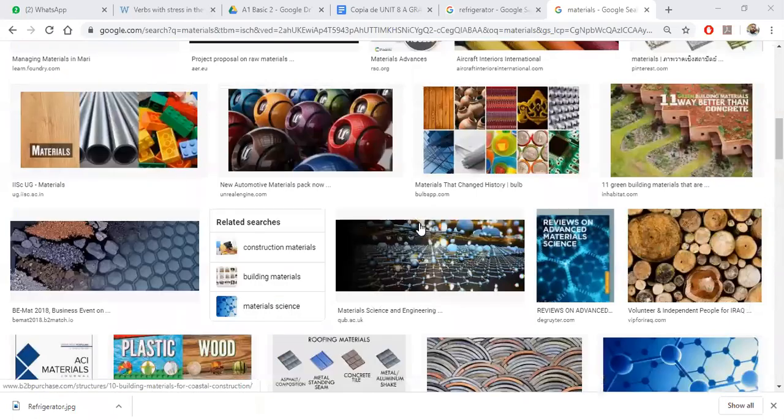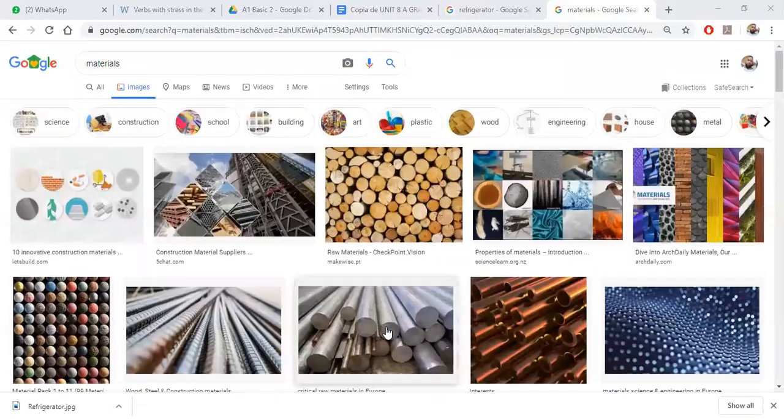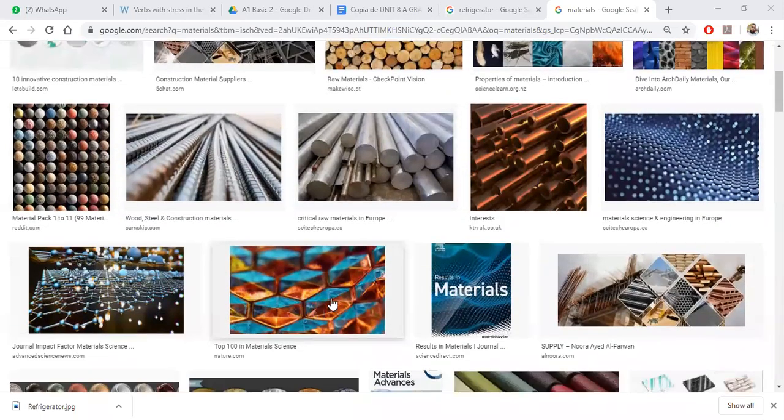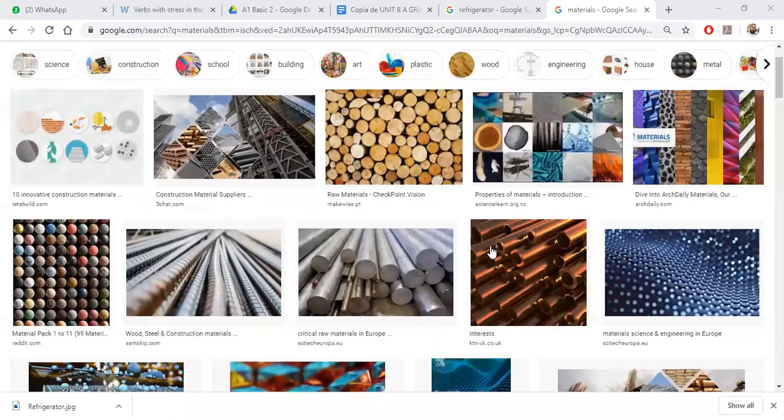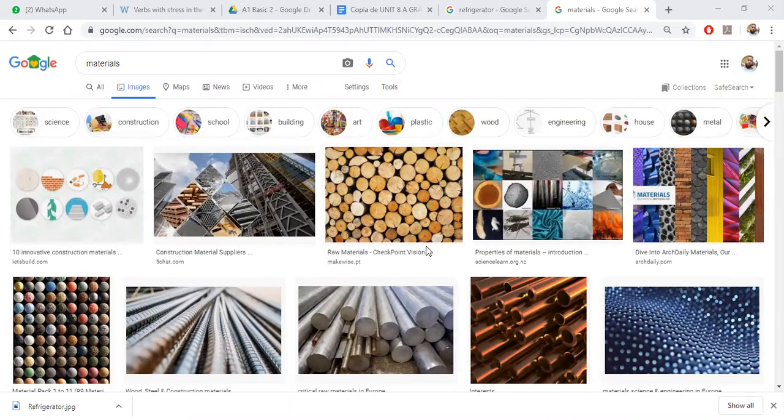Like iron, aluminum, copper, plastic, wood, concrete, they cannot be counted. They don't have plural. So you cannot say irons, you cannot say woods for the material. You cannot say glasses for the material. You cannot say leathers, you say leather. Okay, we do not count materials.